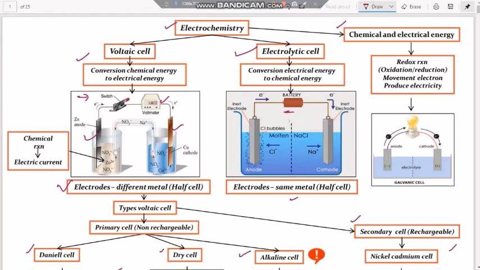You can easily identify that the battery starts working because of the generation of chemical energy from the electrical energy. Here we will prepare gases and metals, that means non-metals and metals, using these electrolytic cell experiments.